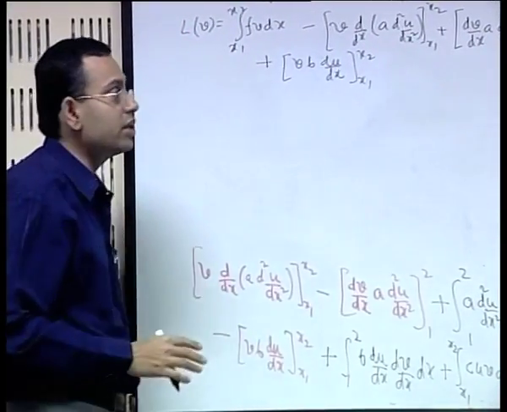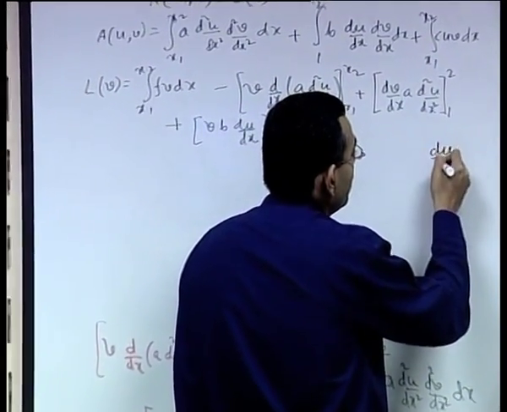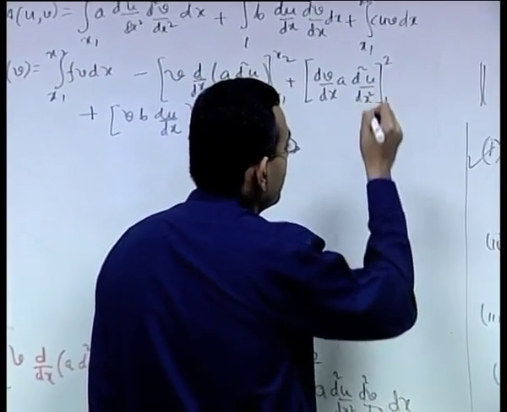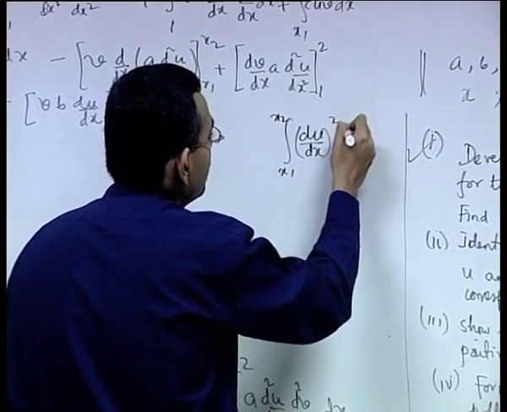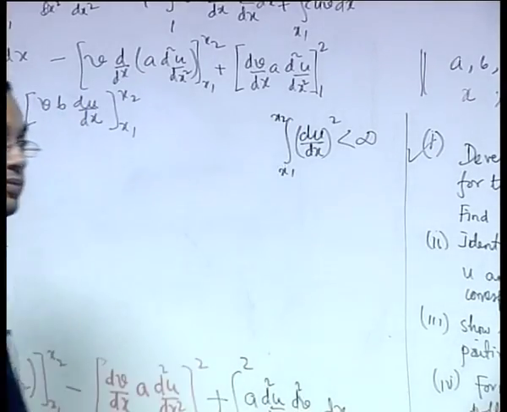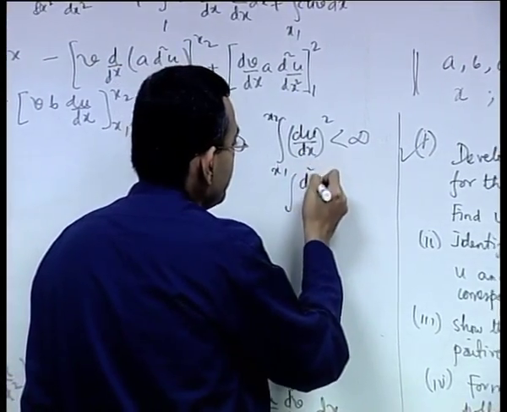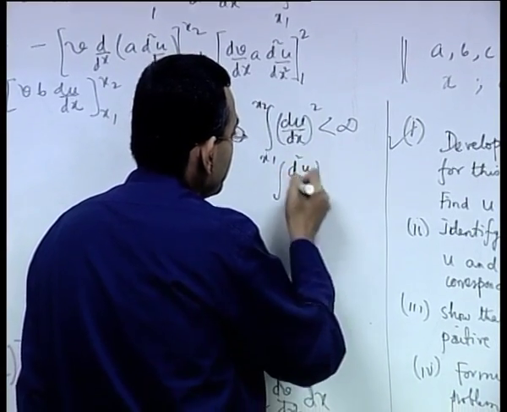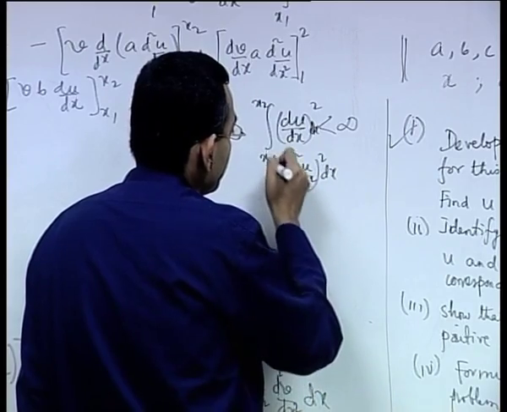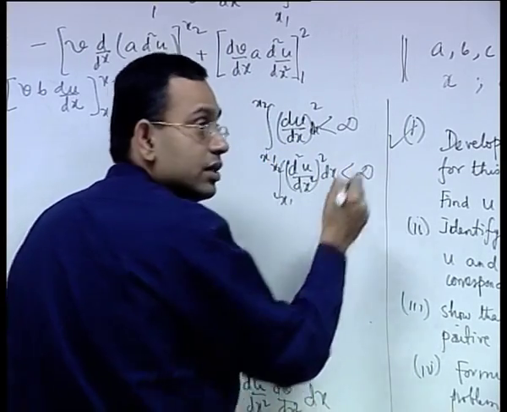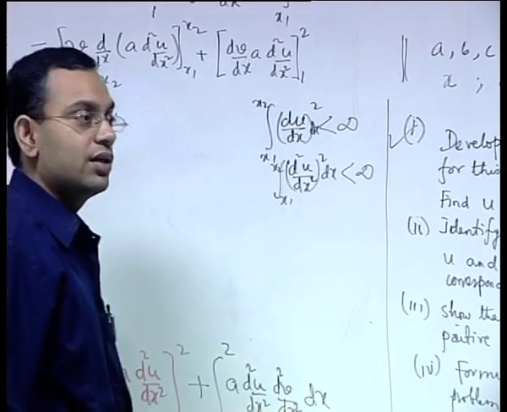So, you have integral of (du dx) squared from x1 to x2 should be less than infinity, as well as the second order derivative squared integral less than infinity. This is true for both u and v.